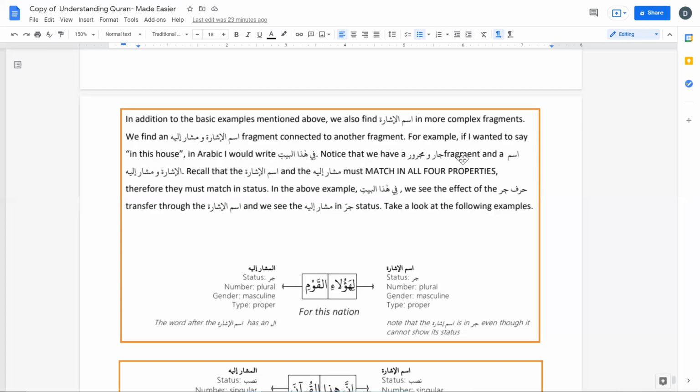So notice that we have a jar majroor fragment and an ismul ishara mushar ilayh fragment. That's the same that we just did, that they should match in all four properties. Therefore, they must match in status also. That's why al-baiti is jar in status, because haza is in jar status.